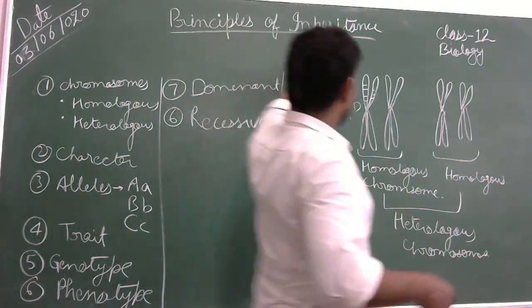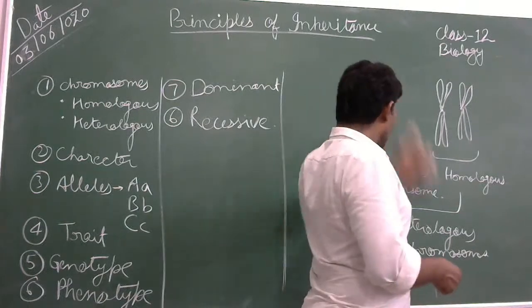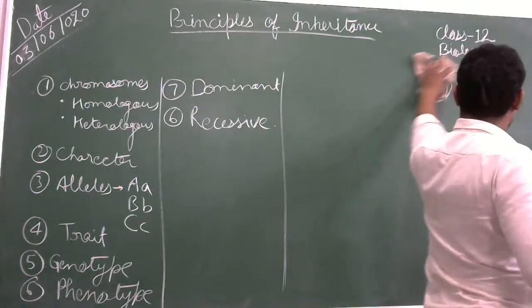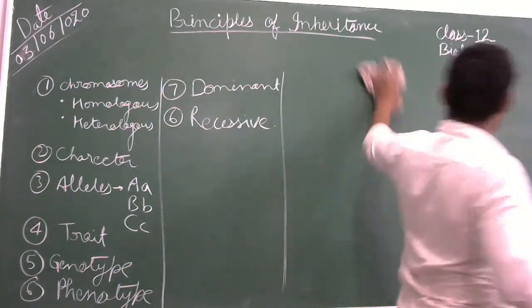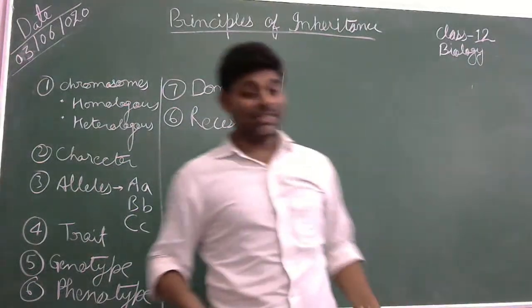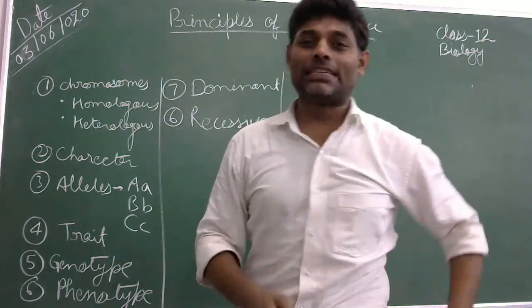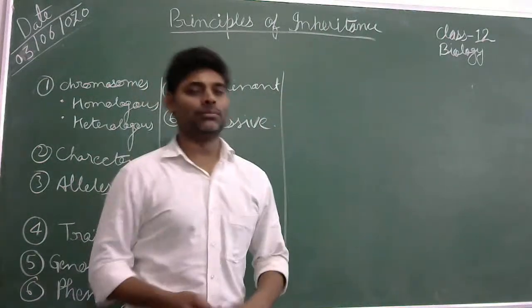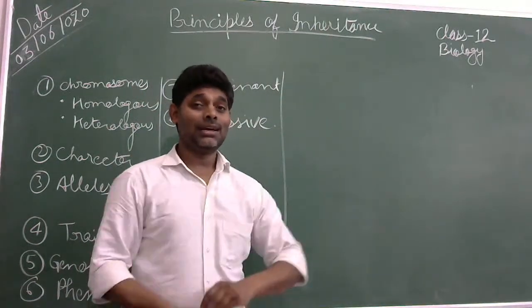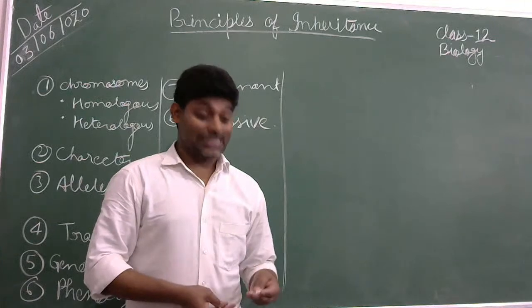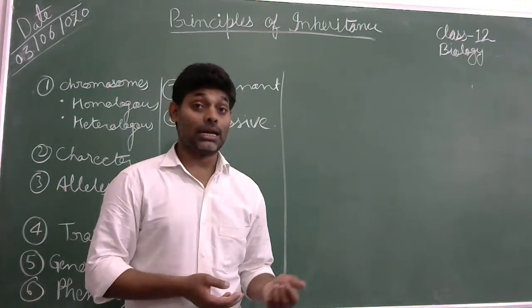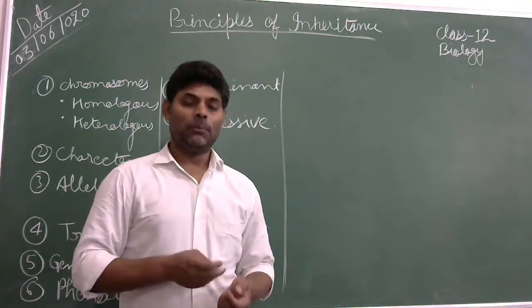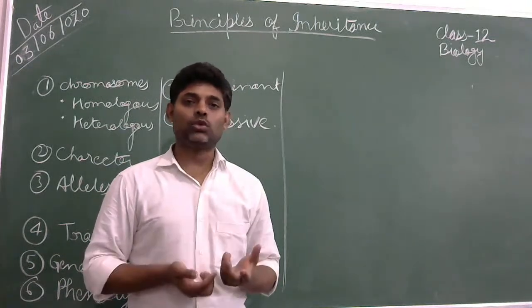We have studied that Gregor Mendel is the father of genetics, and fortunately he chose the pea plant, that is the sweet pea, Pisum sativum. You know it, right? And why am I saying that was his good luck? He chose the pea plant because it is easy to cultivate.